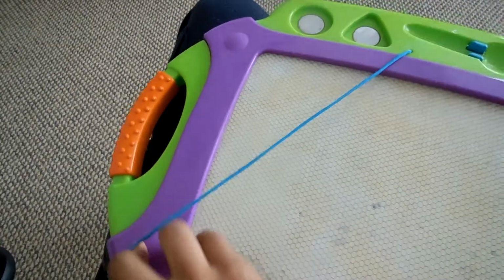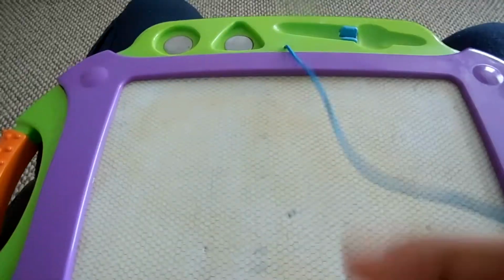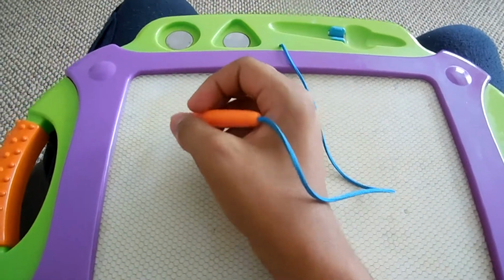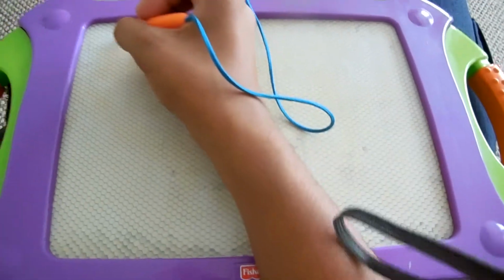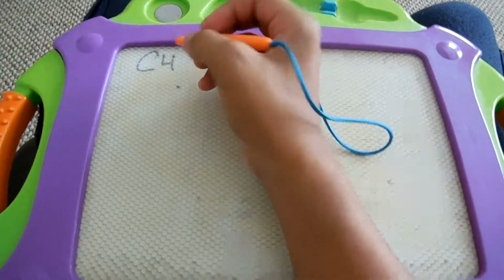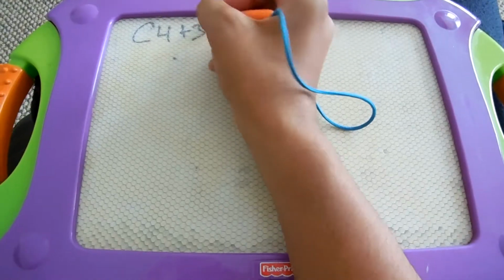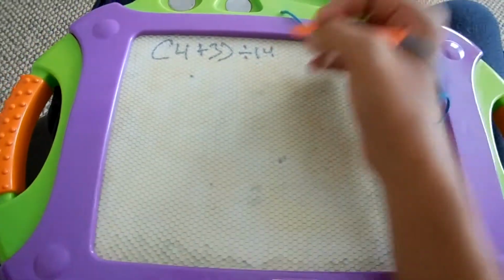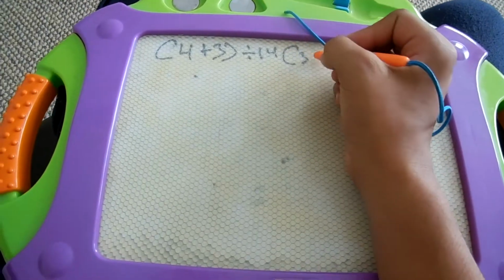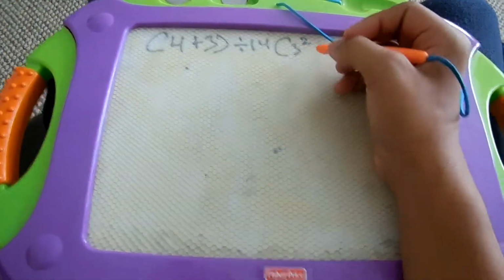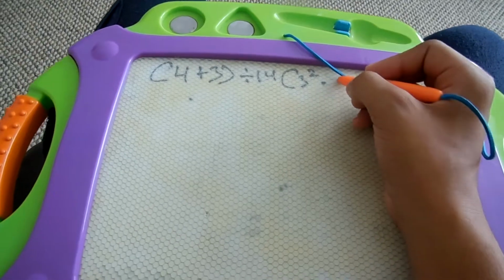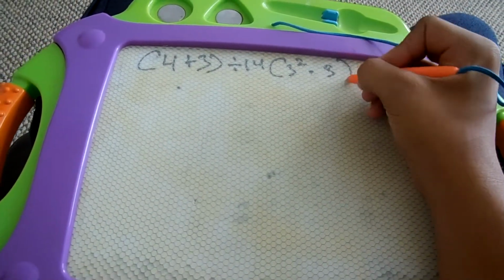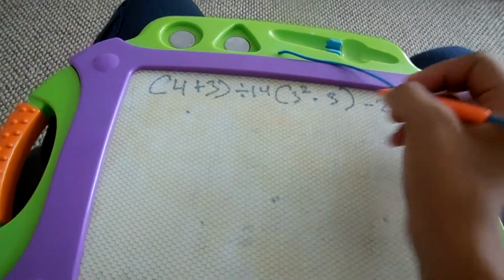I'll do a problem. It'll be 4 plus 3 in parentheses, divided by 14, and 3 to the second power times 3 in parentheses, minus 2.